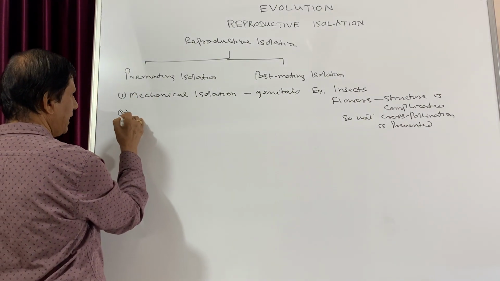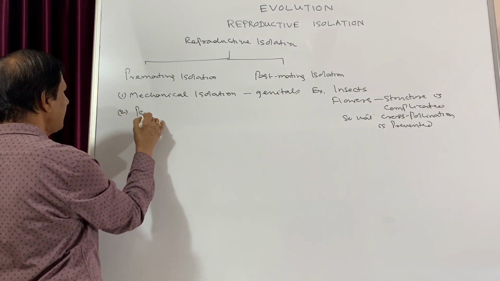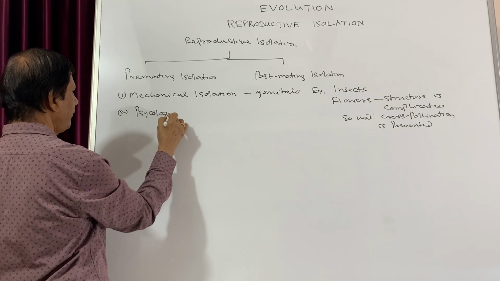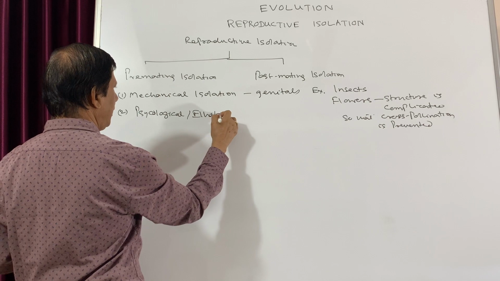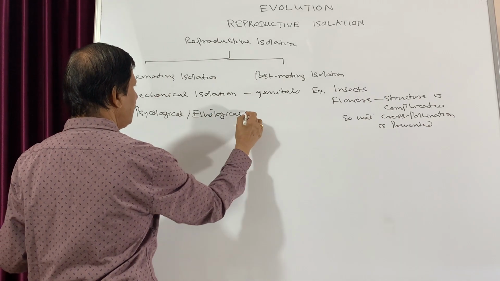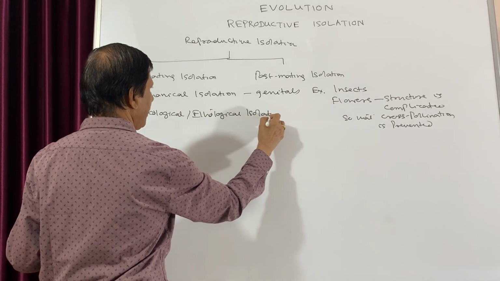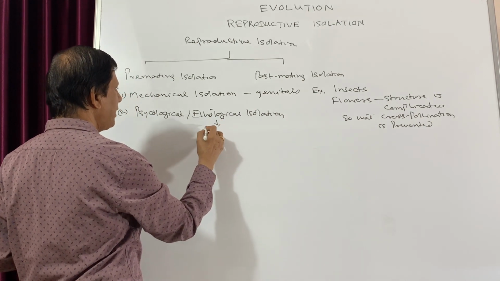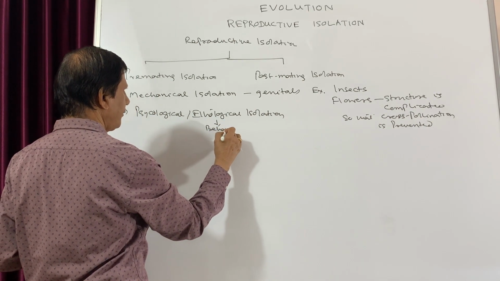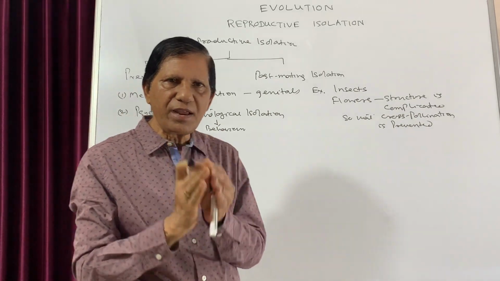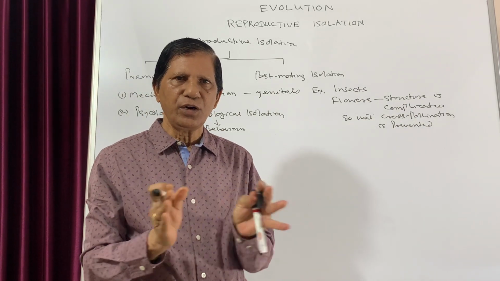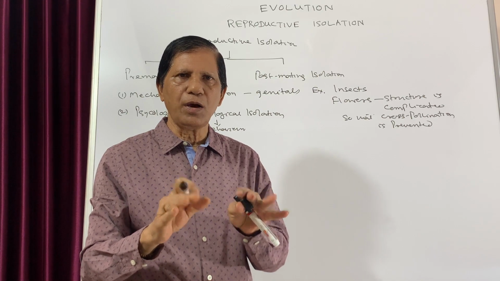Now the second one is psychological or ethological isolation. Ethology means behavior. That means there are behavioral differences between the two opposite sexes.